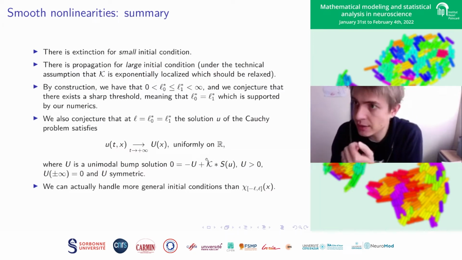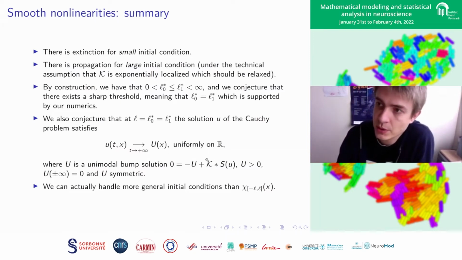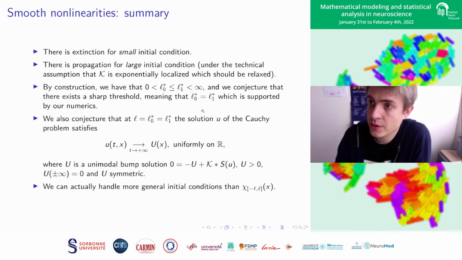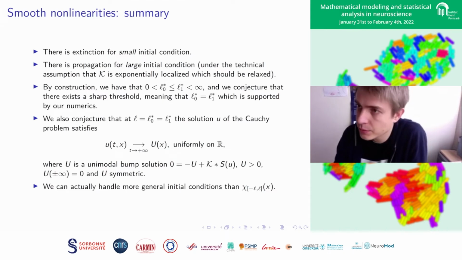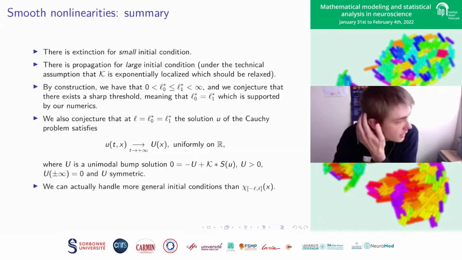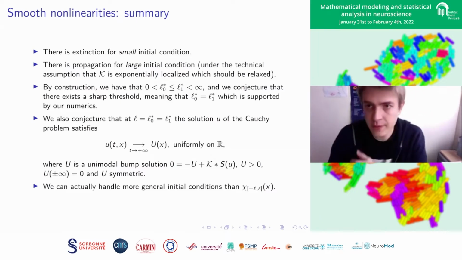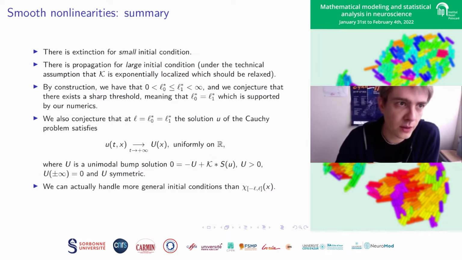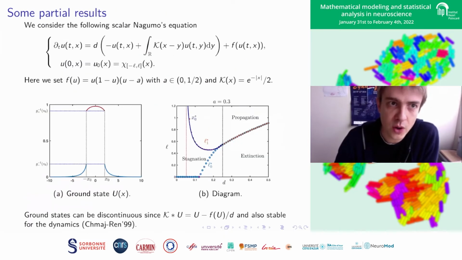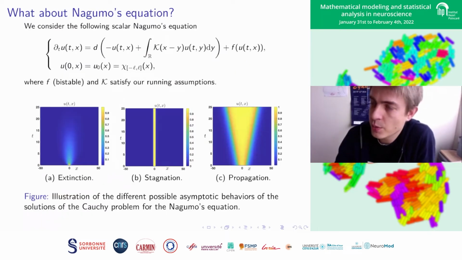In some specific cases, we can get some information, but in full generality, it's still difficult. And obviously, the choice of the initial condition here is just for illustration purposes, but we can handle more general initial conditions.